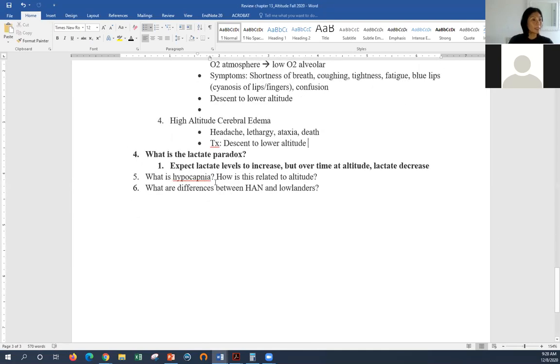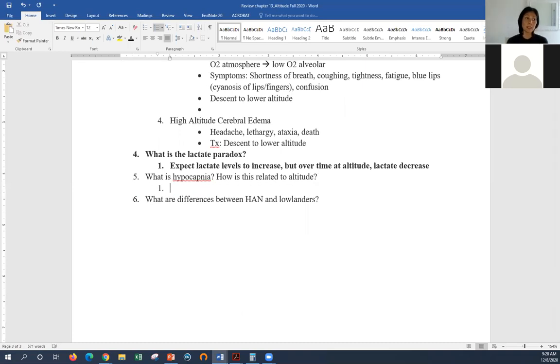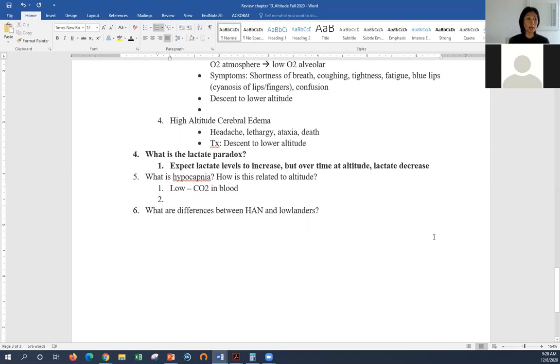Okay, so what is hypocapnia? Hypocapnia, hypo meaning low, capnia meaning CO2. So if you were to dissect hypocapnia, we're talking about low CO2 levels in the blood. So we become hypocapnic at altitude because we have an increased ventilation.